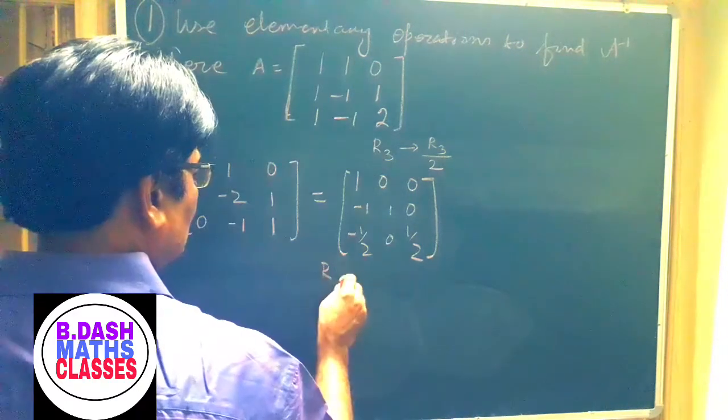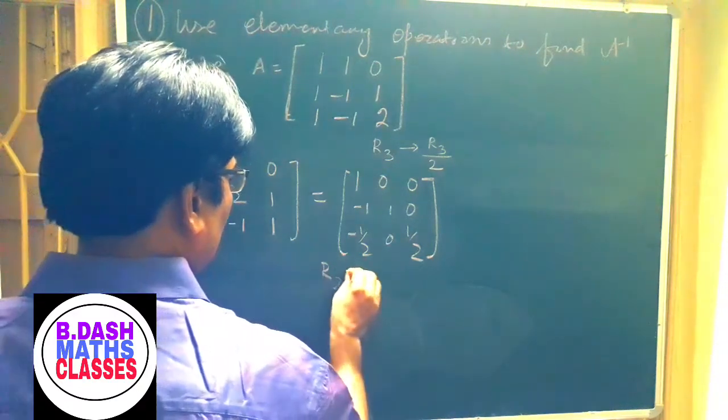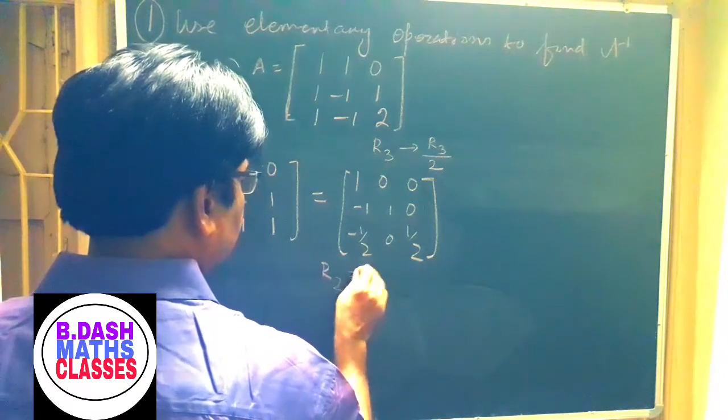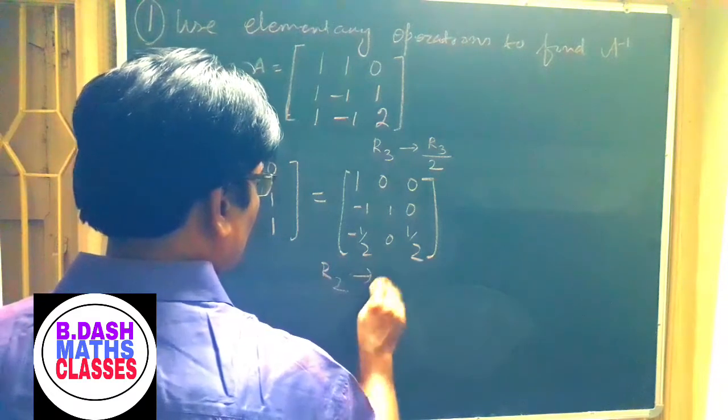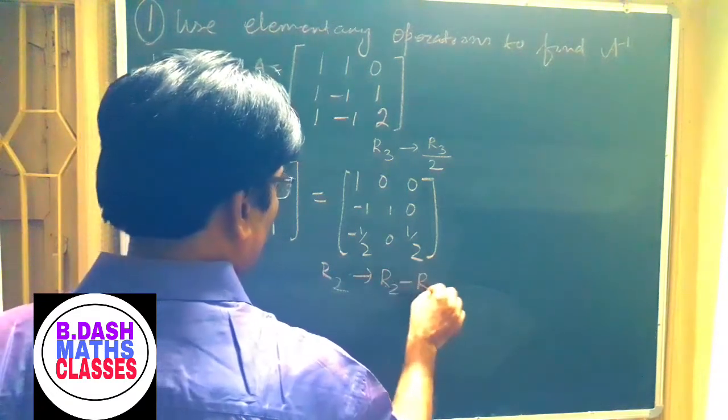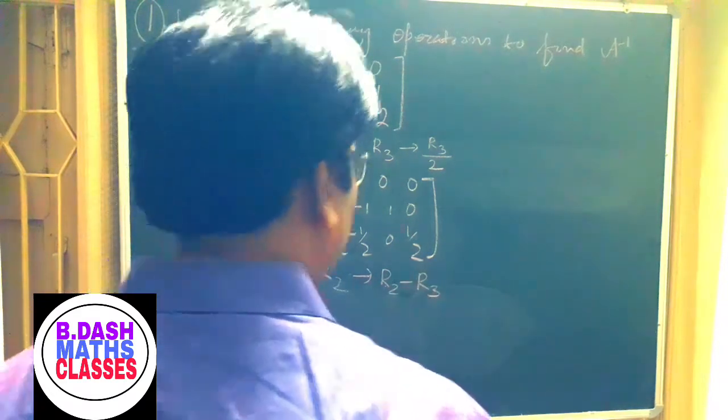Then we get row 2 replaced by row 2 minus row 3.